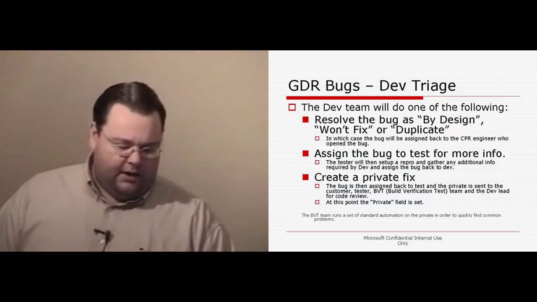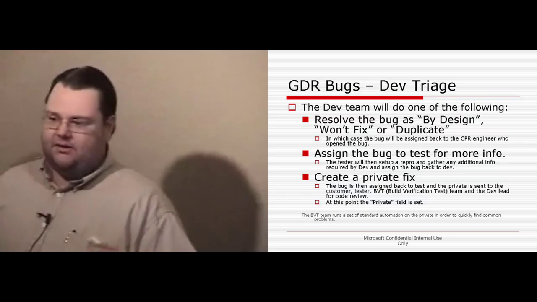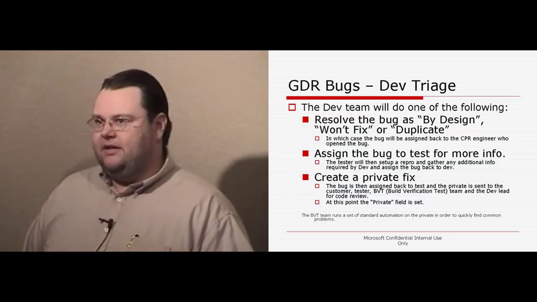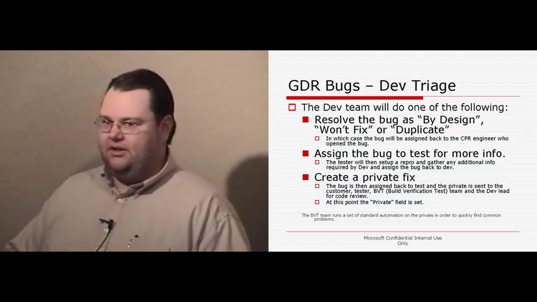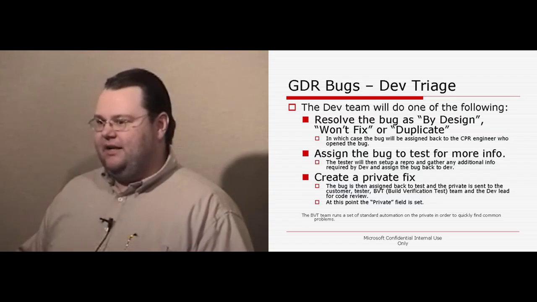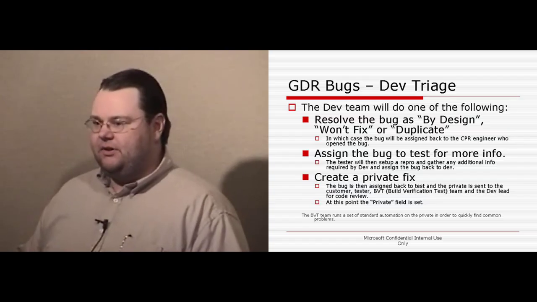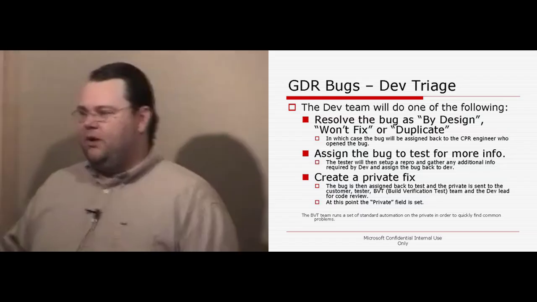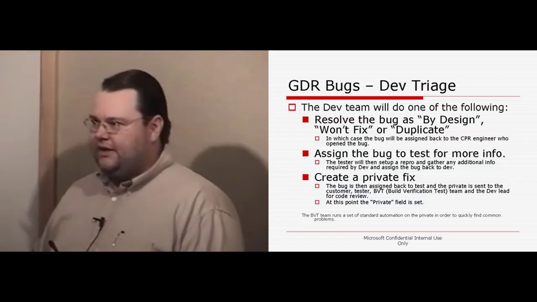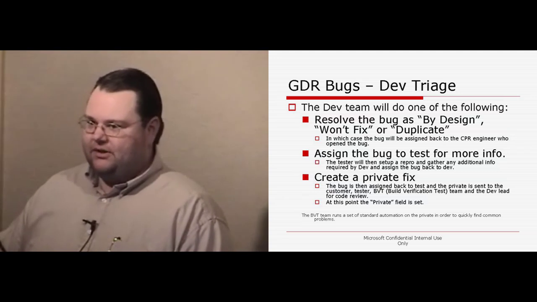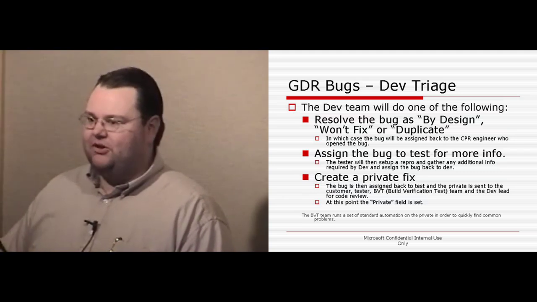So, won't fix. So, okay. By design means that even though they hit a bug, Windows actually was doing what it was supposed to do. A good example of that is an application will break for some reason. Well, we had an example of that not too long ago where a third-party application was using a public API and they were overloading it using an attribute that they shouldn't have used, right?